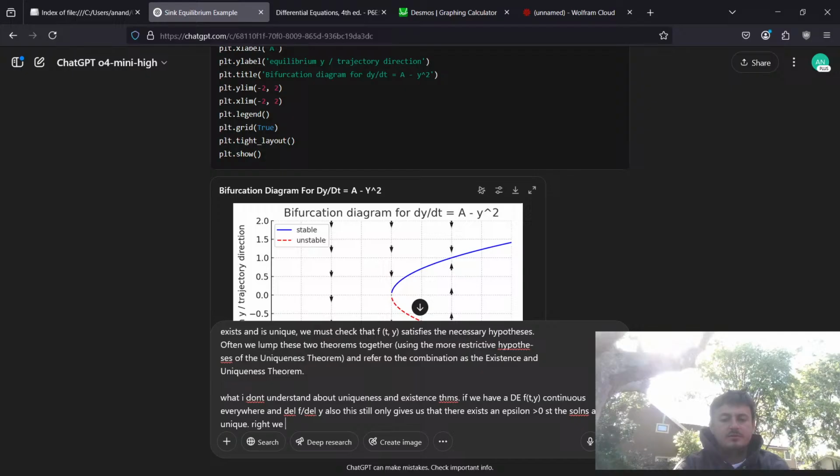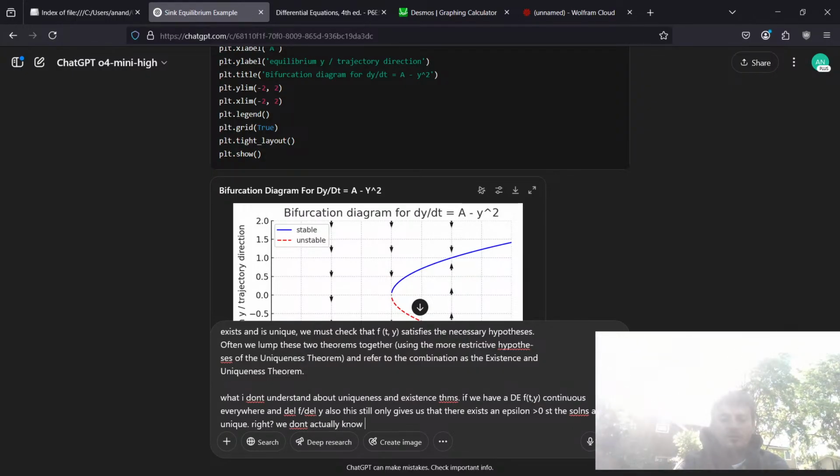Right? We don't actually know. Does the theorem let us say that we have unique solutions everywhere?